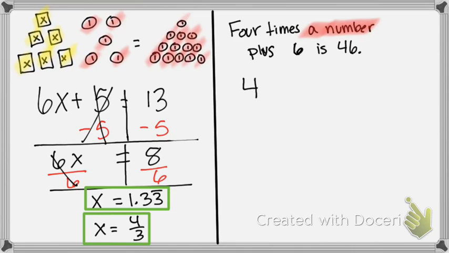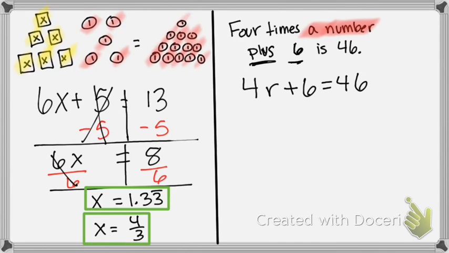We're multiplying 4 times any number in the world. We can call that number x, or if you want, we can call it R or whatever letter you want. Let's just leave it as R. Plus 6 is 46. So all of this is equal to 46.